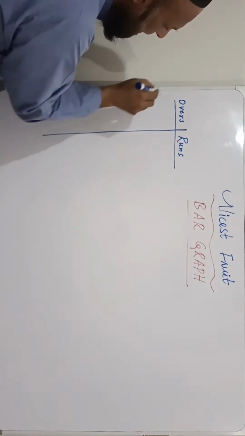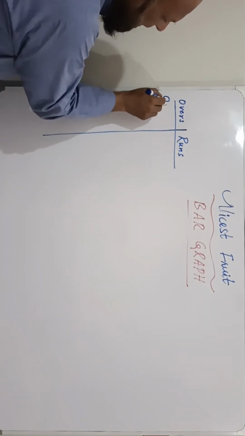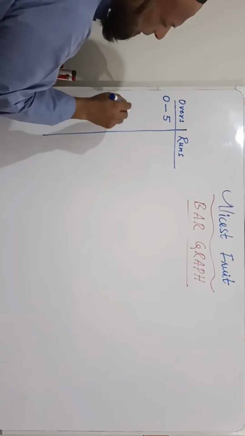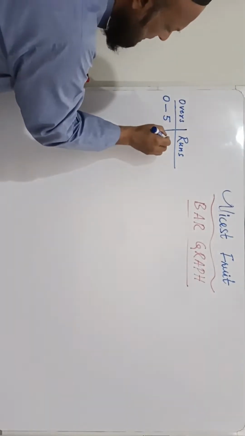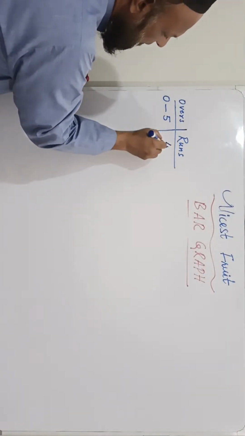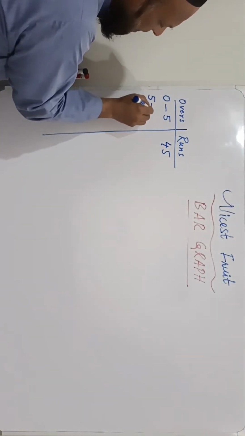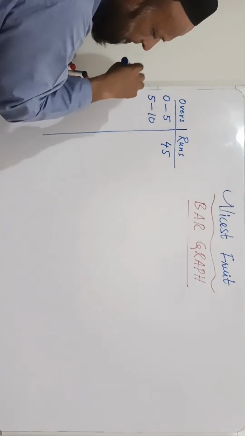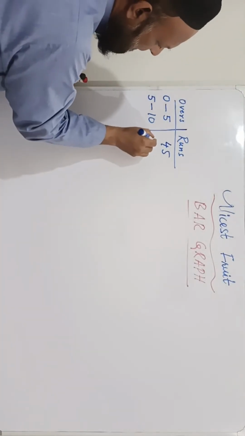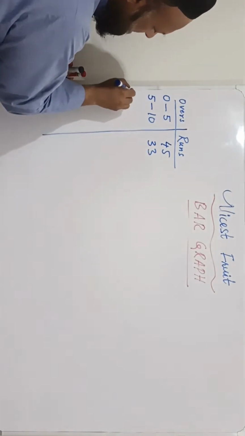Let's suppose in the first 5 overs, the runs scored were 45. Between over number 5 to 10, the runs scored were 33.